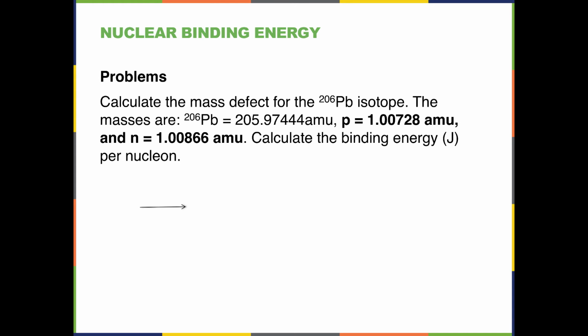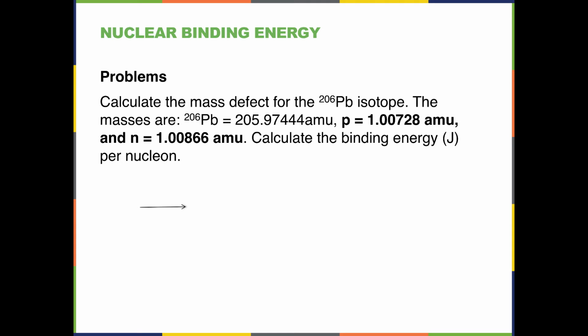So let's take a look at a problem that takes this into account. This first problem asks us to calculate the mass defect for the isotope lead 206.